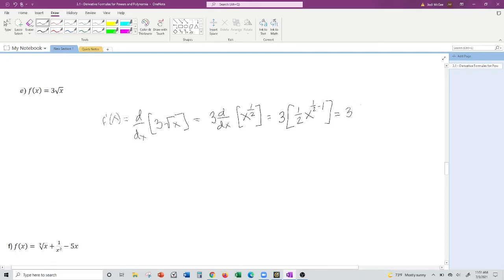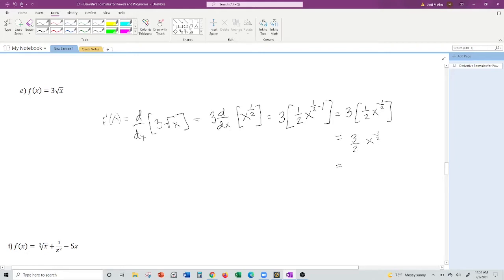So we still have 3 times 1/2 x to the 1/2 minus 1, well, that leaves us with negative 1/2. We could come over here and simplify this a bit. Now we have 3/2 x to the negative 1/2.